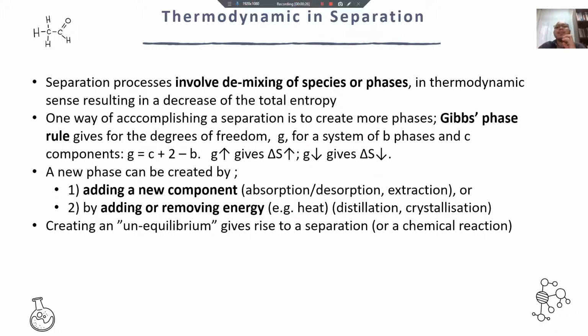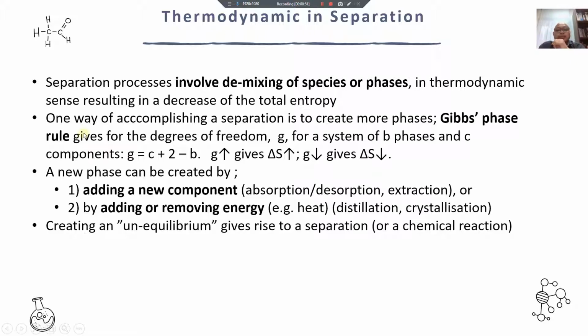Because we want to spread them, we have to introduce another phase. So we do the mixing of the species, or from one phase we create two phases. For example water, one phase of liquid, we create the vapor phase of water. That's an example. So in the thermodynamic sense, this results in a decrease of the total entropy.